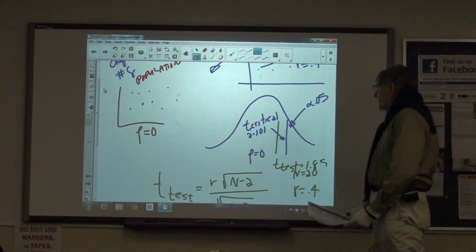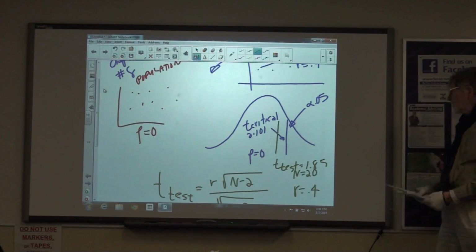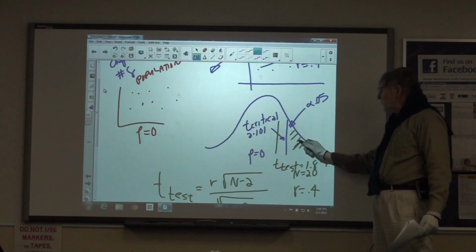Okay, so did our test come out in the reject zone or fail to reject? Remember, this is the fail to reject zone, and this is the reject zone.